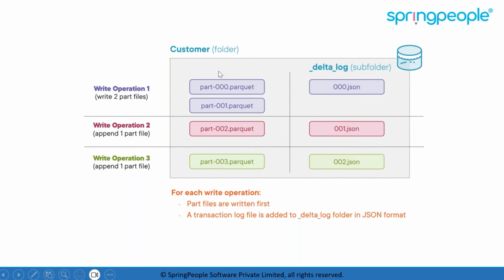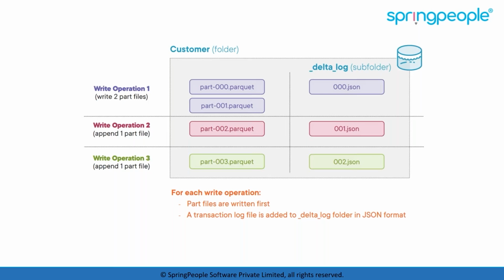I'm going to create a subfolder inside the same data lake with the name delta underscore log. So if I have stored 2 files initially, once these 2 files are stored and one operation is completed successfully, it is going to generate one JSON file which has the information: add part 0, add part 1. 2 files are successfully loaded.